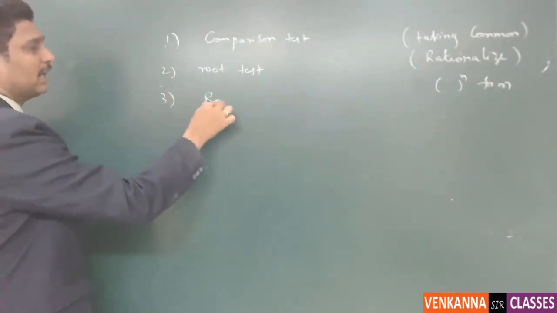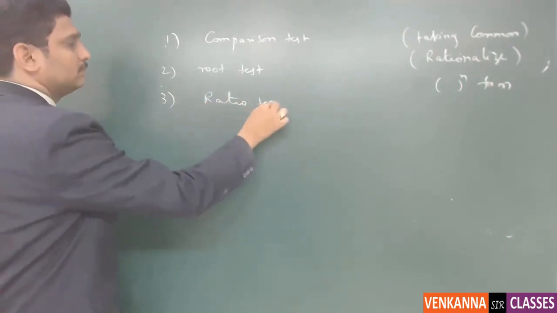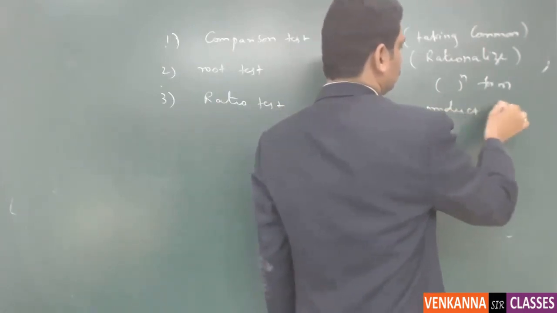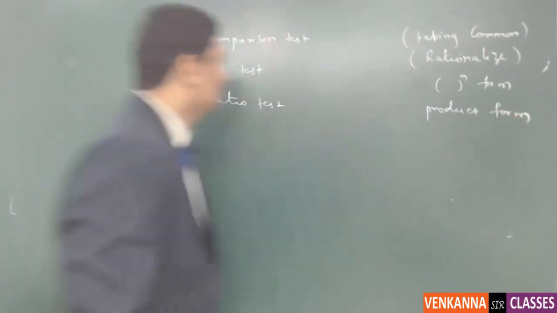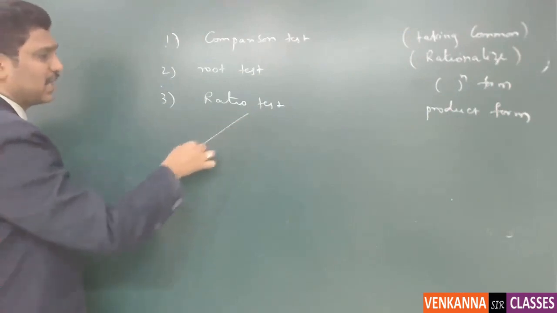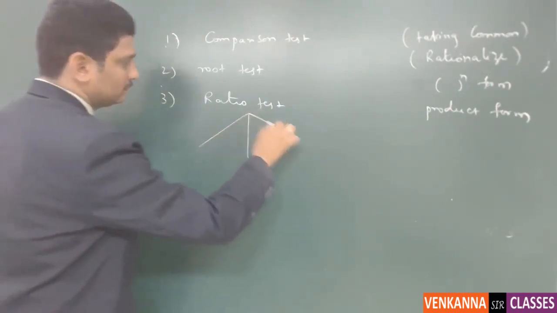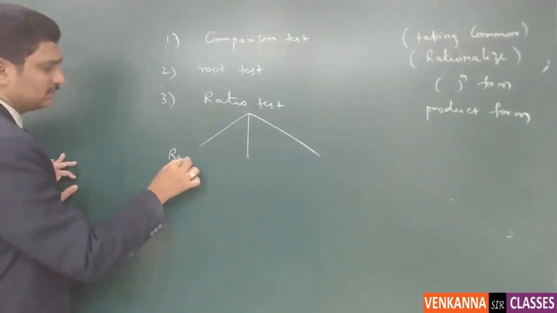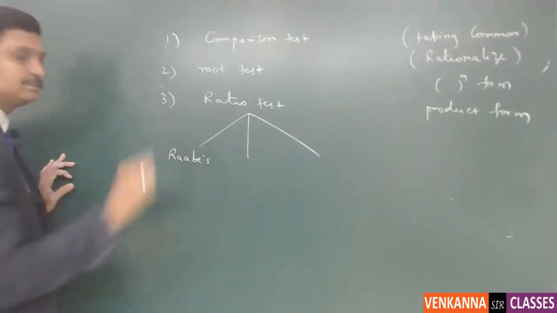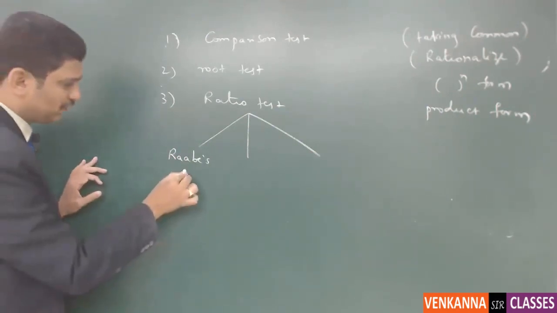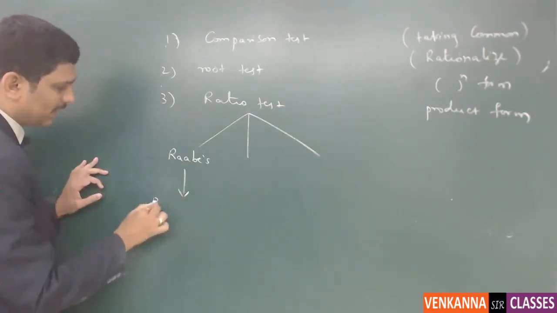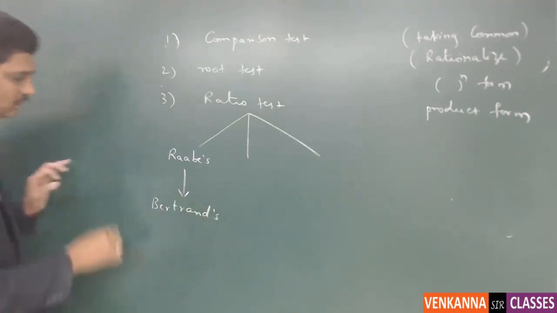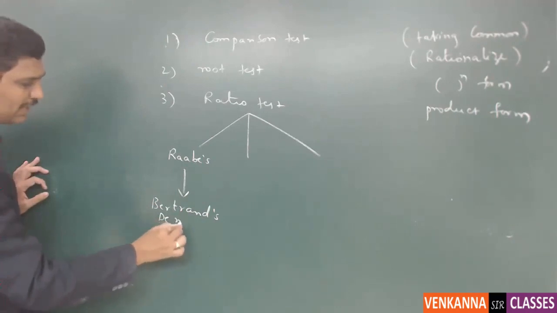Then we apply ratio test, usually when a product form is there. Then here we split the condition like this, so we apply Raabe's test. If Raabe's test fails, then we apply Bertrand test or De Morgan-Bertrand test.